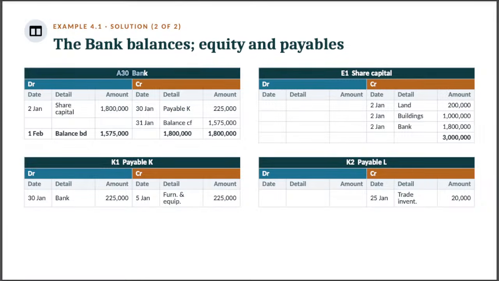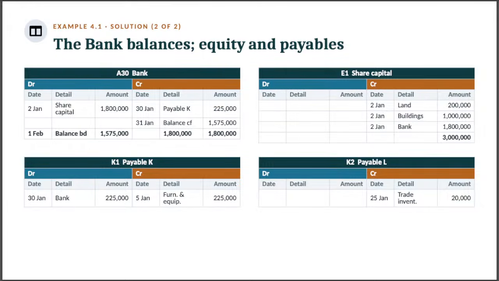It's an asset account, which means we reduce it by $225,000. So on the 31st of January, we had a balance of $1,575,000. Coming over here, on February 1st we started out with $1,800,000, and the balance is $1,575,000 because we had that payable there.